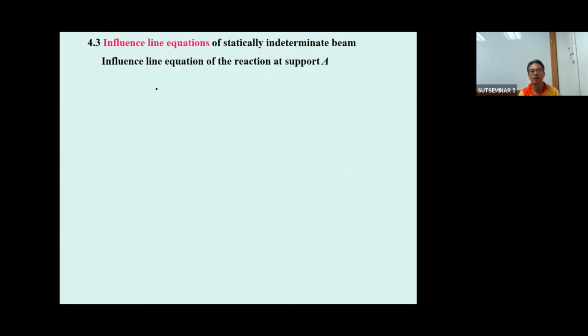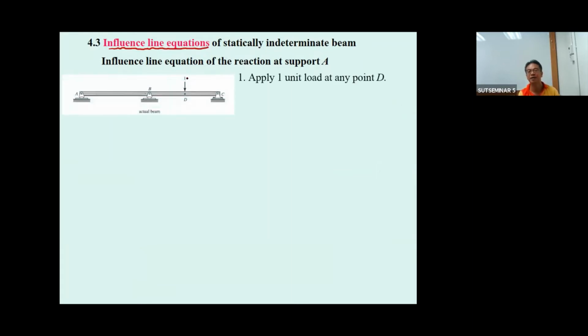So now we are ready to determine the influence line equation. So just consider this again. This beam also has a degree of indeterminacy equal to 1.